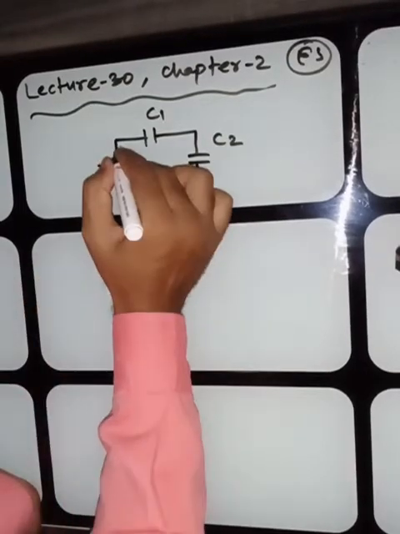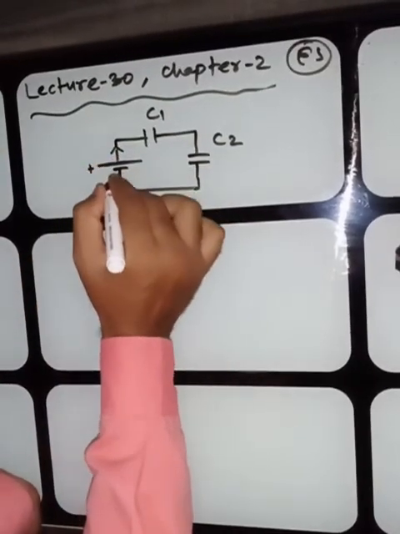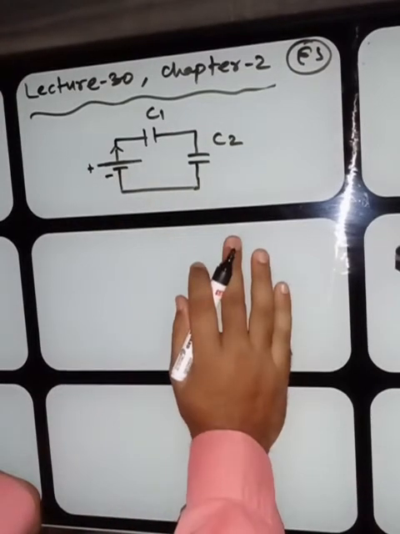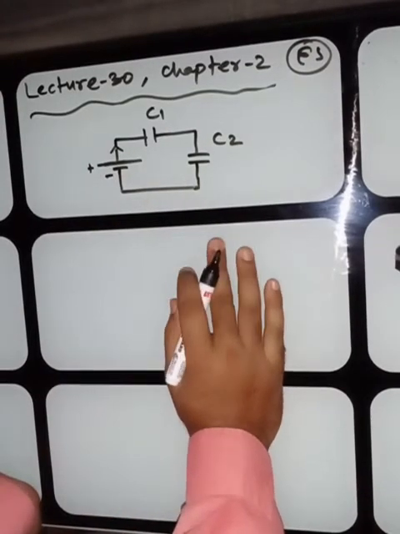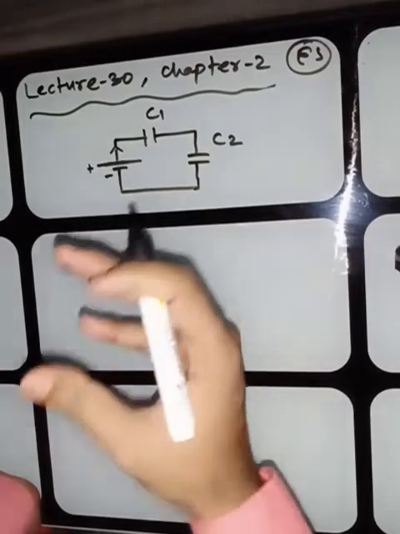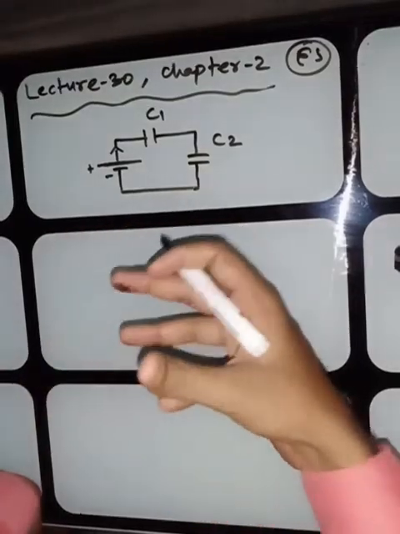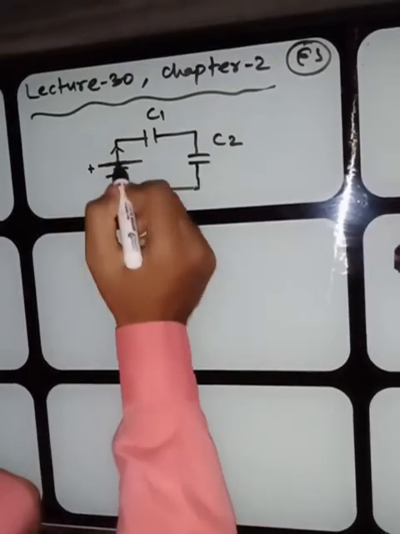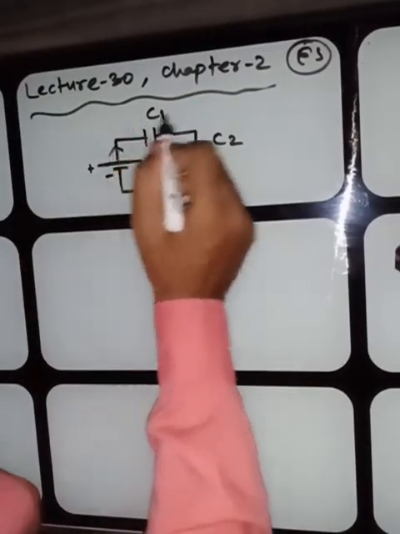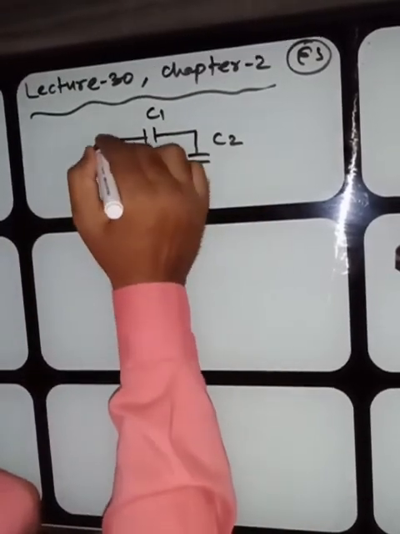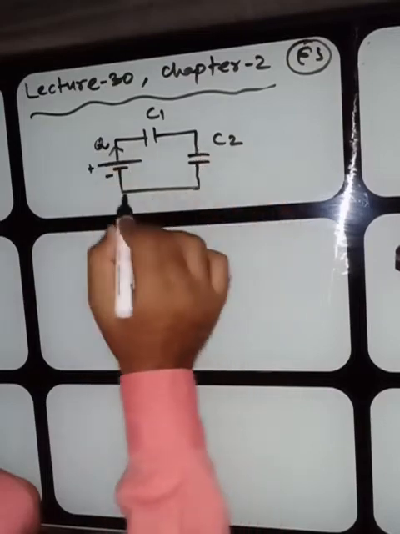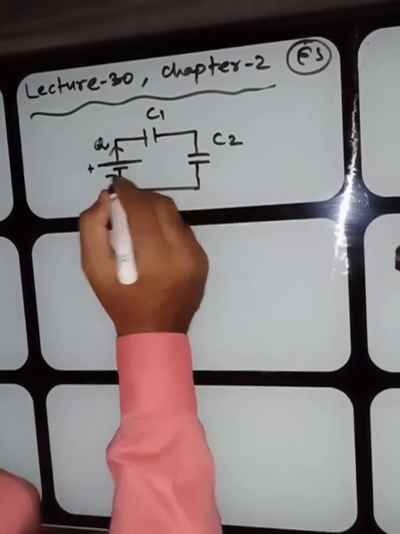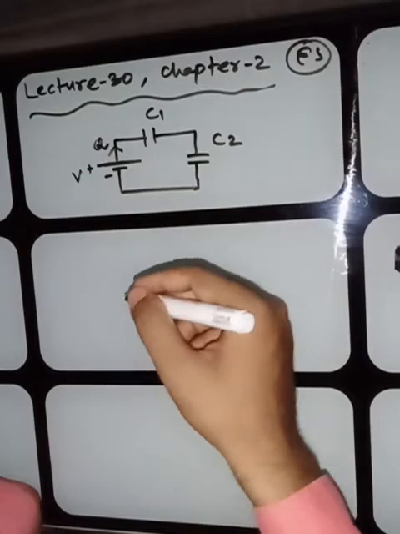My dear students, charge will flow in this loop. Remember, the direction of charge you have to represent by the battery which has the highest potential. Since there is only one battery here, the direction of charge will be from positive to negative. Suppose the charge is Q. It is only one loop, so there is one charge, and suppose the voltage of this battery is V.